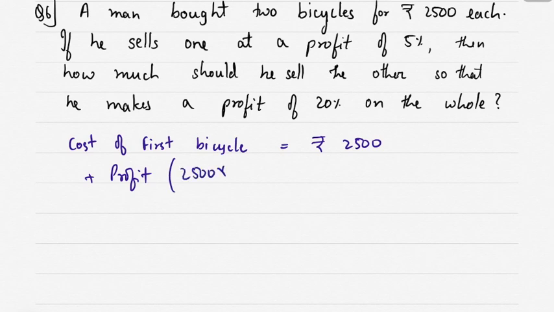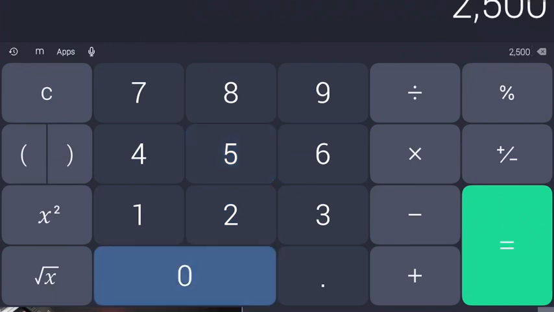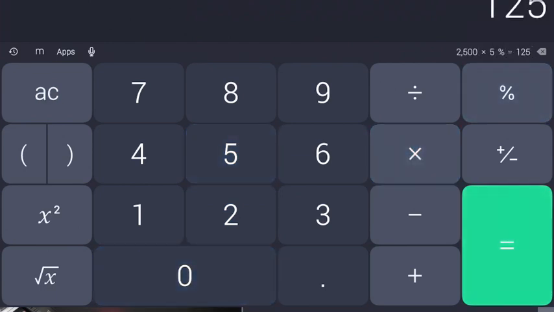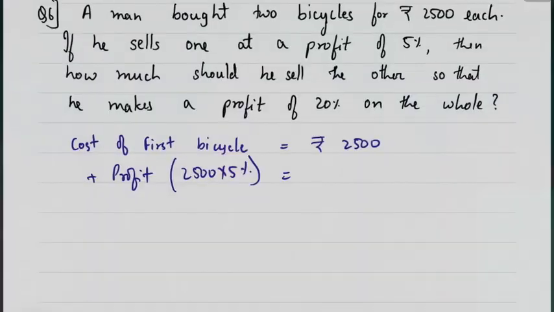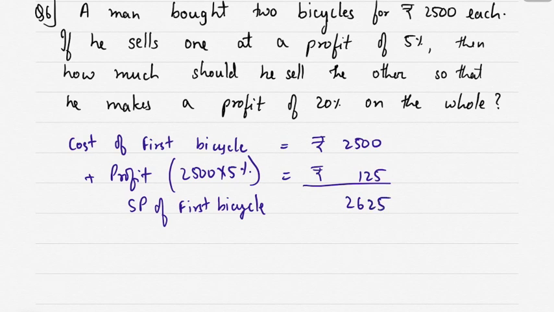So, 2,500 into 5% comes to 125. So, profit is 125. That means the selling price of the first bicycle is rupees 2625. Okay, this is for the first bicycle.